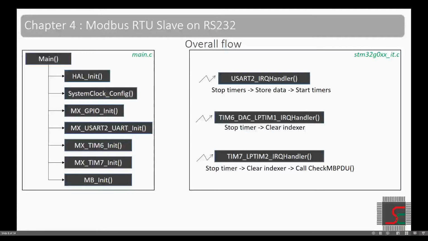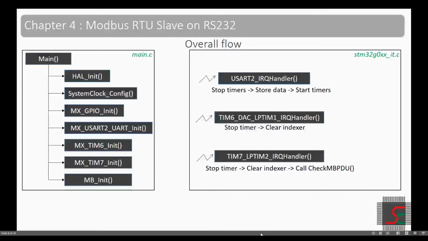Coming to the main.c file, we initialized all the peripherals of the microcontroller which are applicable to the Modbus slave implementation. Finally, we called the Modbus initialization. This is a custom C function written for our microcontroller. And on the right hand side are the interrupt service routines, and their functioning is written below the blocks.